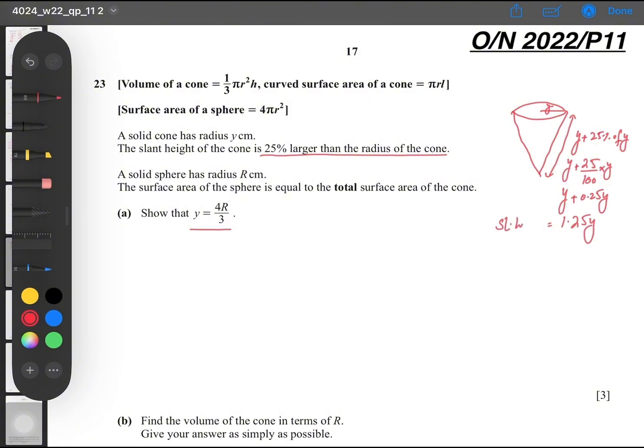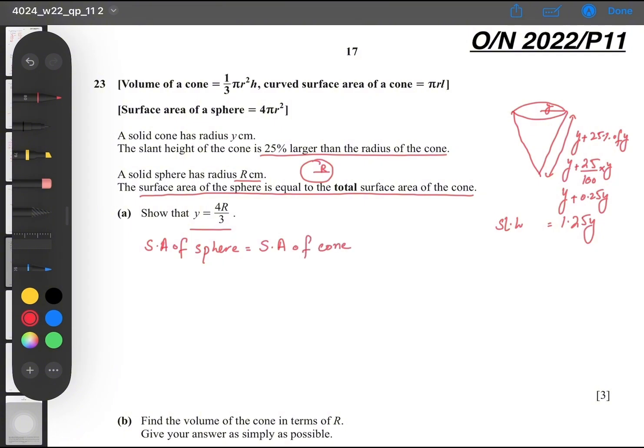So the solid sphere has radius r centimeters, so this is the sphere and the radius is capital R. Now the surface area of the sphere is equal to the total surface area of the cone. So we will apply the formula: surface area of sphere is equal to surface area of cone.